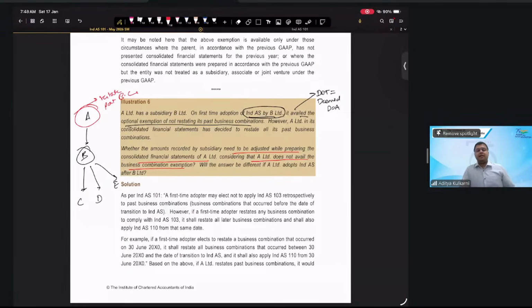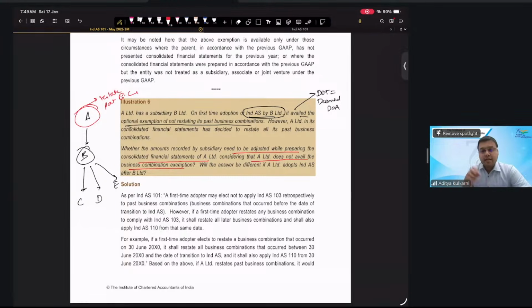We'll see the next part later. See, B has availed the exemption. That means, how will I do consolidation in A? How will you consolidate? First of all, you will consolidate B. You will have C folding into B, D folding into B, E folding into B, and that will give you the consolidated balance sheet of B, and that consolidated balance sheet of B will fold into A. Yes or no?